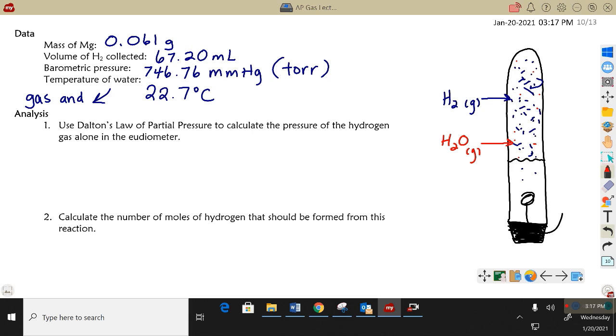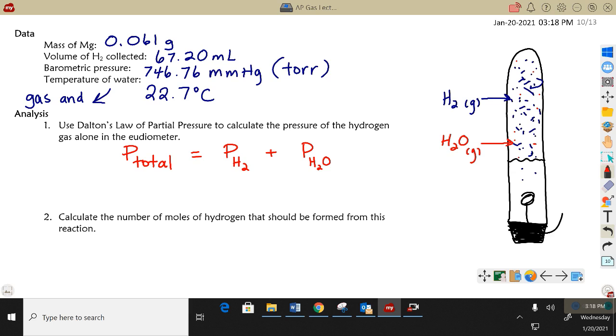So we need to do this little correction using Dalton's law of partial pressure. It's going to look kind of like this. The total pressure in this eudiometer tube is equal to the pressure of the hydrogen gas plus the pressure of the water vapor. So Dalton's law of partial pressure is really simple in concept.